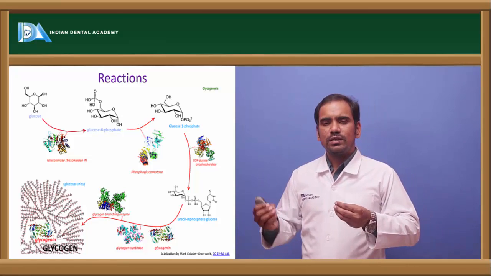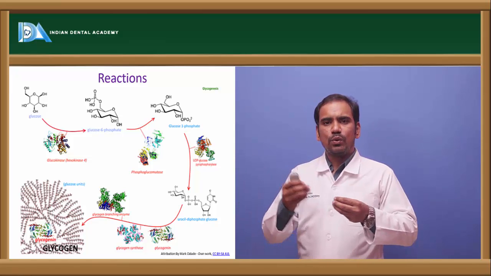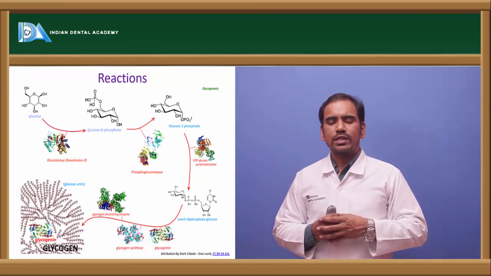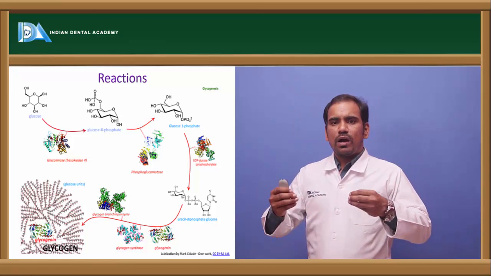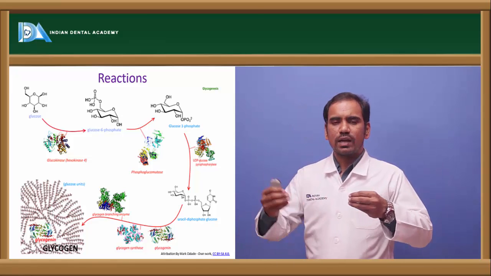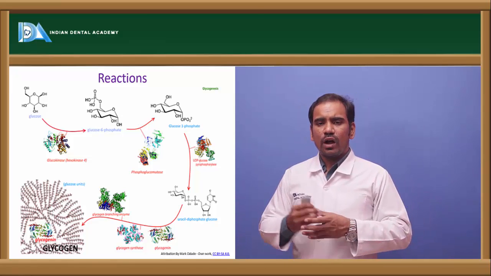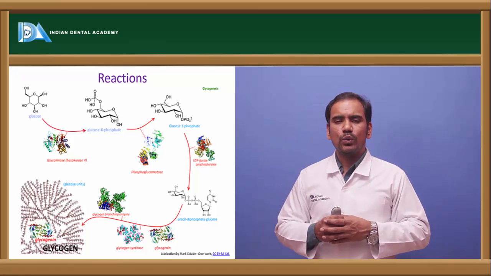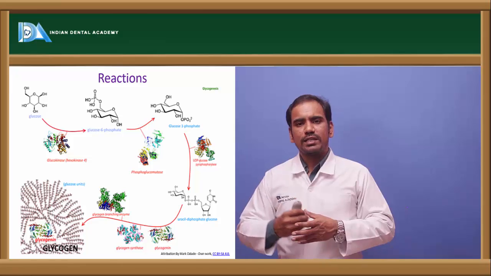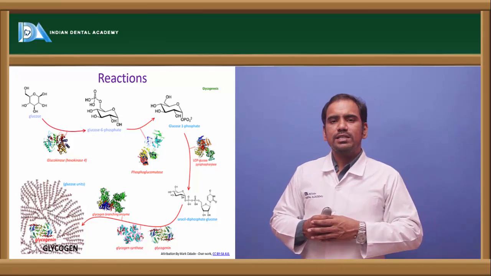Now glycogen synthase sequentially adds glucose units and forms alpha 1 to 4 glycosidic linkages. After 8 to 12 glucose residues are added, another enzyme comes into action, called the branching enzyme.